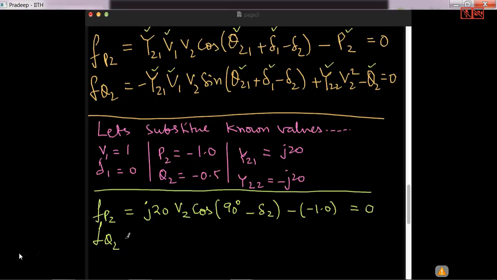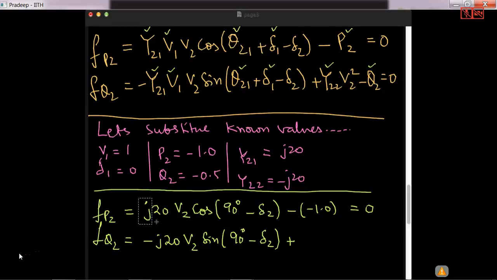Now function Q2 is what? So again substitute it here. So minus of Y21 will be J20. V1 itself is 1, so I will not substitute. V2 is V2. Then sine theta 21 is 90 degrees. Delta 1 is 0 and then minus delta 2. Then this will be plus Y22 V2 square. Notice that we should not consider J here because we are already considering angles.